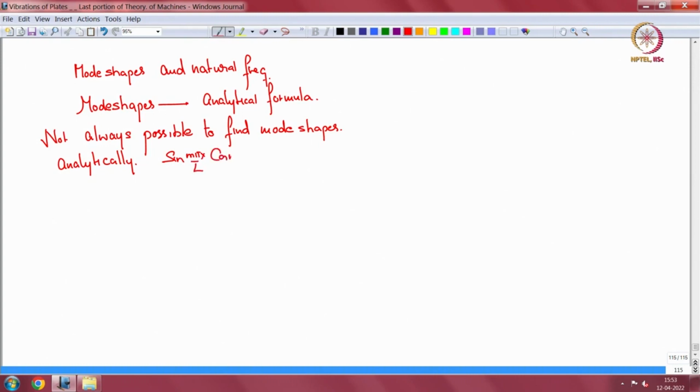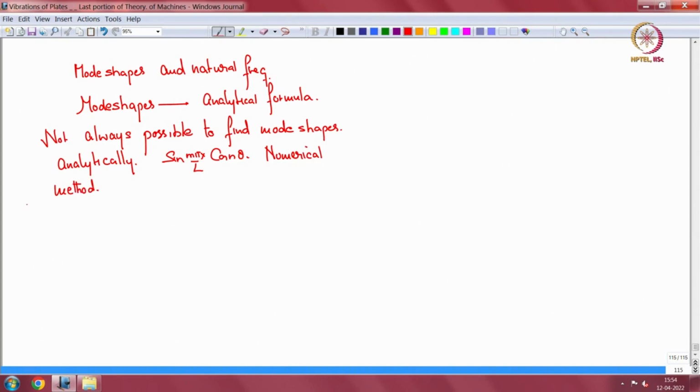It is not always possible, and then you have to resort to some approximate numerical method.